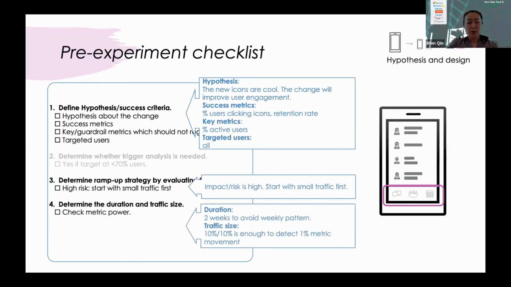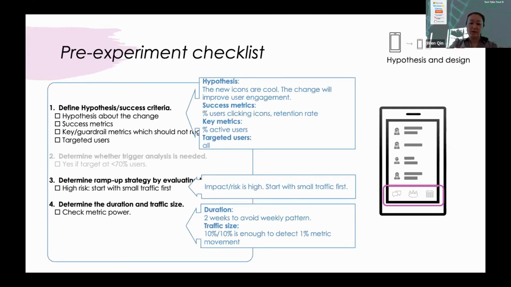After that, you want to determine the duration and the traffic size for your experiment. You want to get enough traffic to make sure that you have enough metric power to detect small movements. As for the duration, you decide to use 2 weeks to avoid any weekly pattern. As for the traffic size, with the power analysis, you know that 10% for treatment and control is enough to detect only a 1% metric movement.